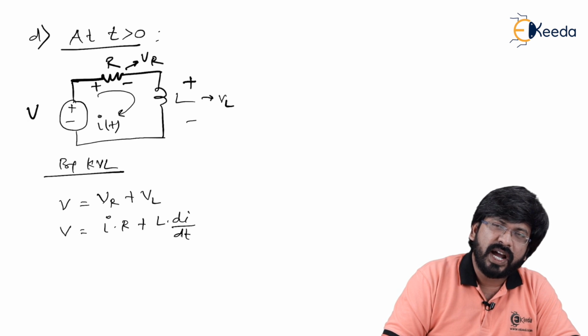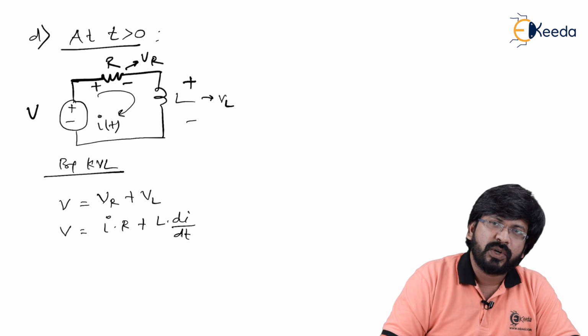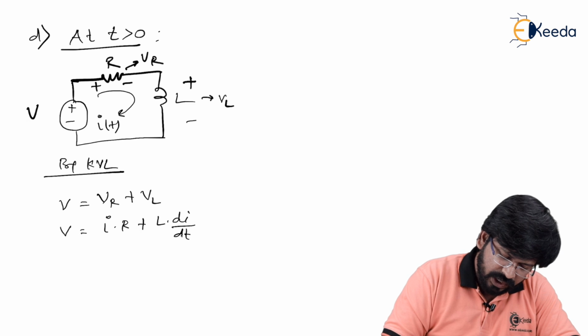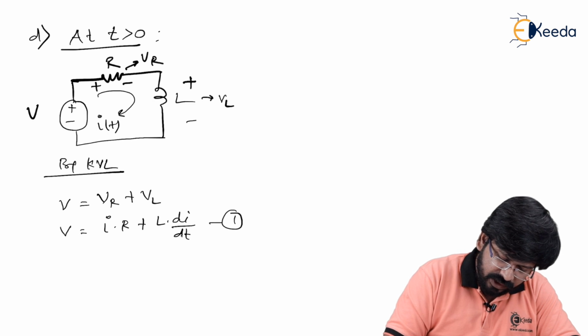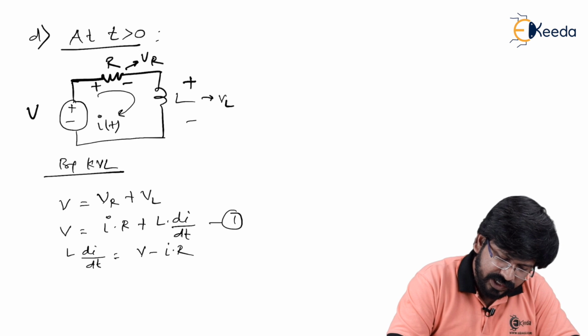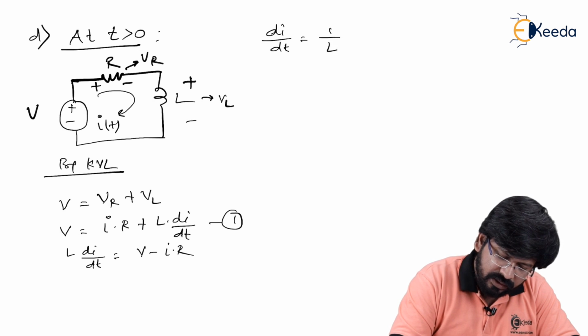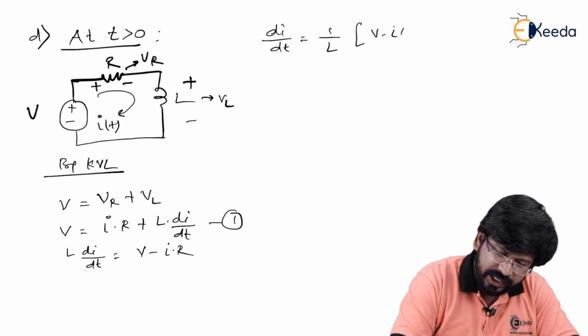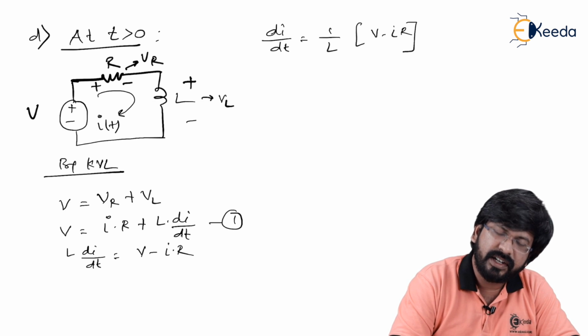What they are actually asking is d square I by dt square. To get d square I by dt square, first of all di by dt should be known. So I'll name this equation 1 and I'll try to get di by dt first. That is L into di by dt equals V minus I times R, or I can say di by dt is simply 1 upon L times V minus I times R. Is that right?